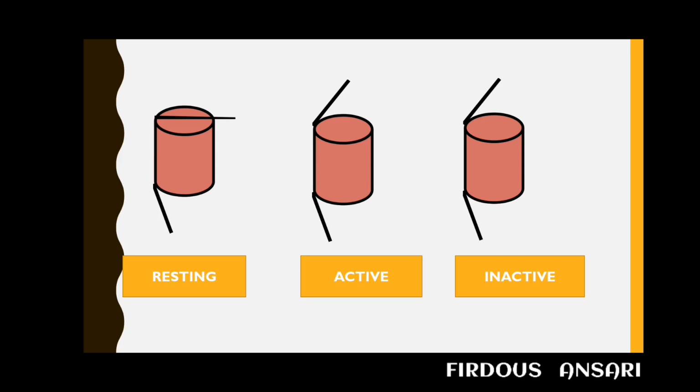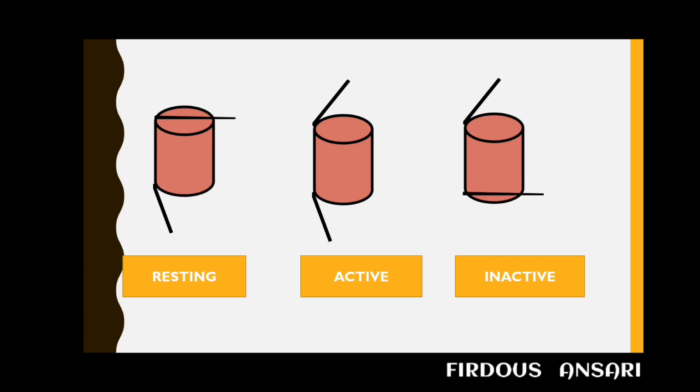Now when the threshold potential has been attained, at that time the voltage gated sodium channel will be active. Active voltage gated sodium channel means here both the activation gate as well as the deactivation gate will be open. Now when the voltage gated sodium channel gets deactivated, deactivation means here the deactivation gate will be closed.